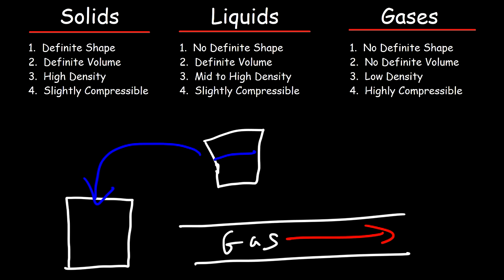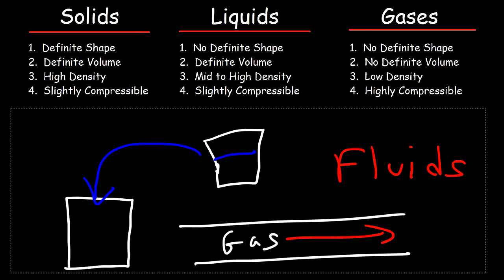So liquids and gases are known as fluids because they can flow. Now you have different types of fluids. You have water, which can flow nice and easily, but you have more viscous fluids like syrup and honey. They don't flow very quickly, so they have a high viscosity.